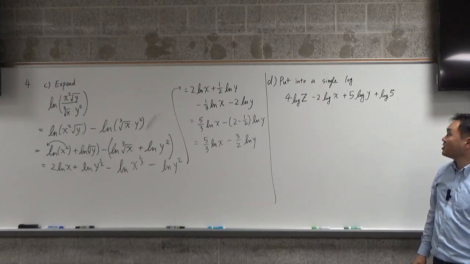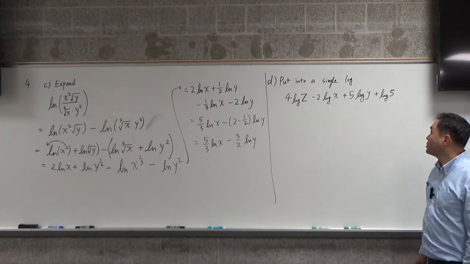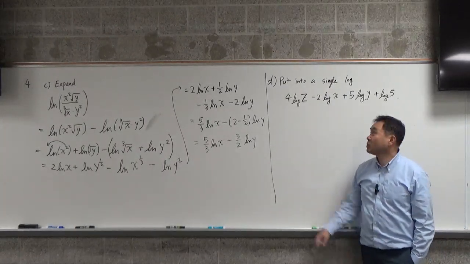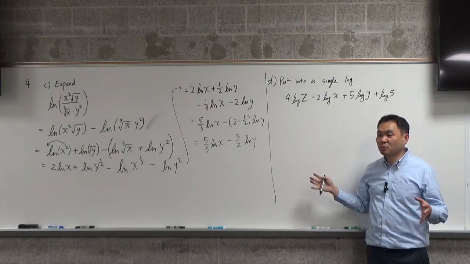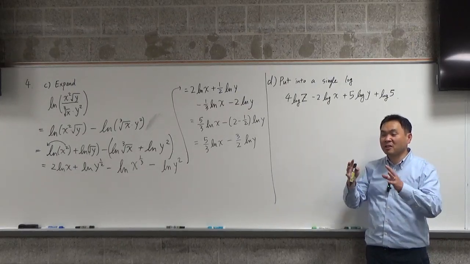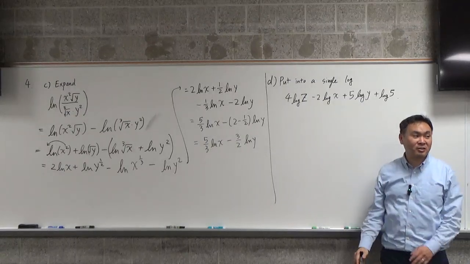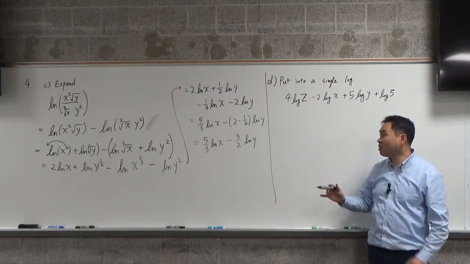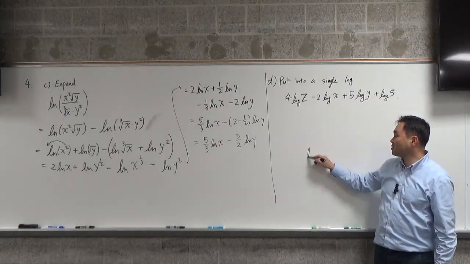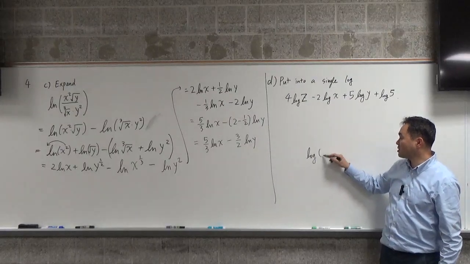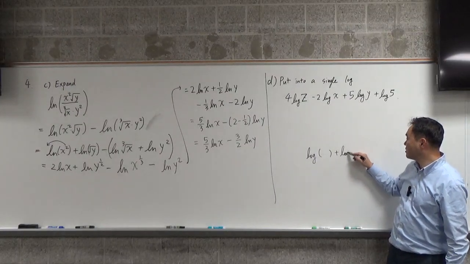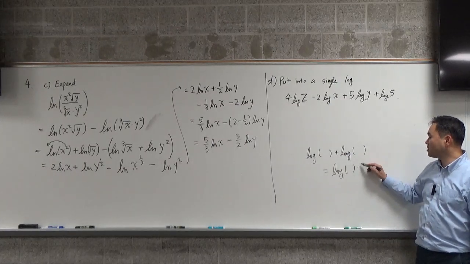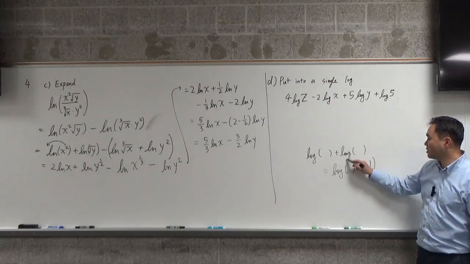In question 4D, you're doing the opposite, which is to combine. So you have many different logs, and what you're trying to do is put everything into a single log. That's the idea. Now, to go from many logs to a single log, you basically want to make use of the following rule: if you add, you end up with a single log with two things multiplied inside the log, right?